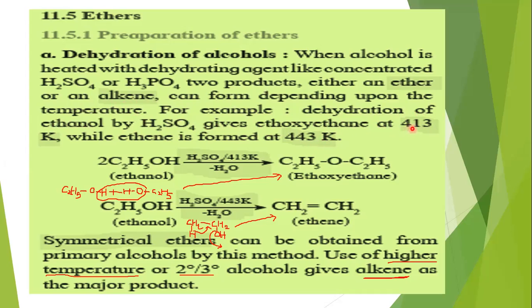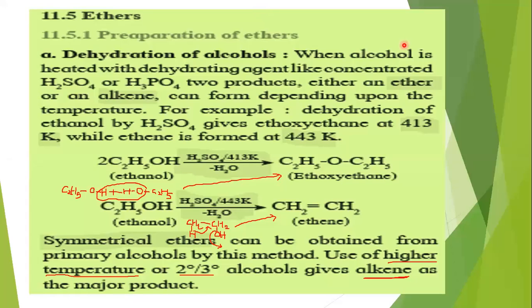So at low temperature, 413 Kelvin, ether formation takes place, and at high temperature, ethene formation takes place. See, two molecules of ethyl alcohol in presence of H2SO4 at 413 Kelvin temperature give ethoxyethane.